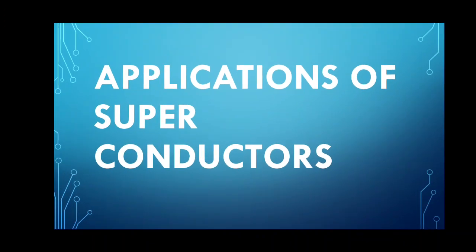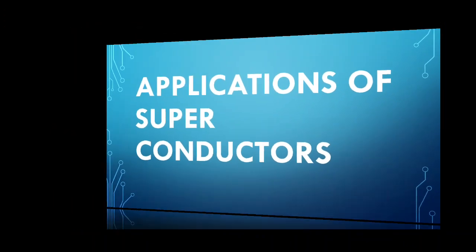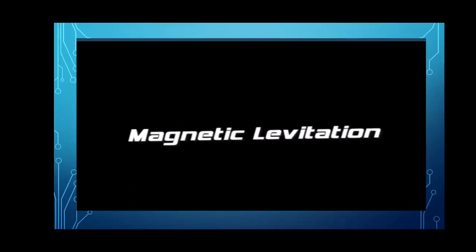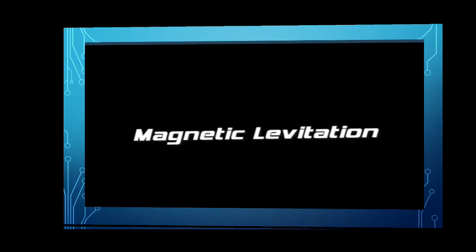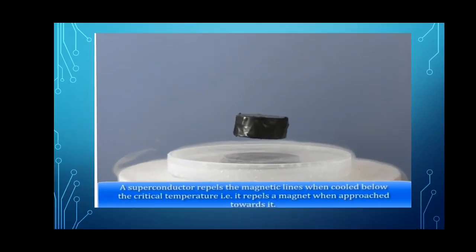Superconductors have many applications in our daily life. They are used in maglev trains. Maglev trains are nothing but magnetic levitation trains. In these trains, they have a superconductor below the train, which makes the train float over the tracks. A superconductor repels the magnetic lines when cooled below the critical temperature.